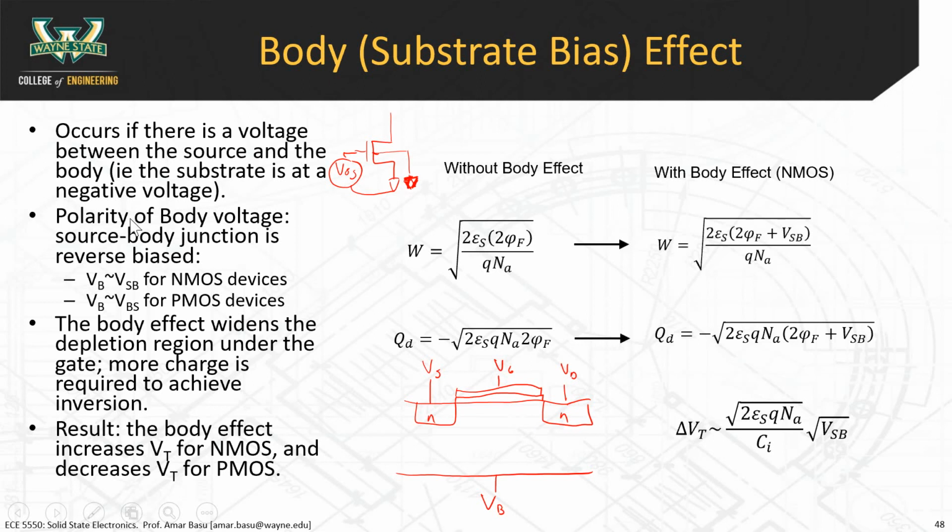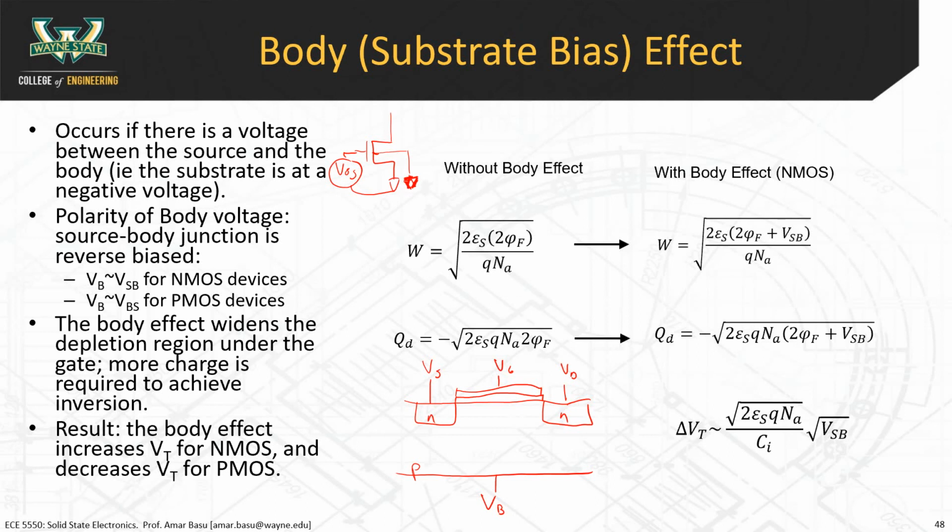So first of all, what is the polarity of voltage that we want to apply to the body? Let's remember that this is a P-type substrate, and then you have an N-type source. So this is an NMOS device. Can someone tell me what will happen if we apply a positive VBS? Let's say the body voltage is greater than the source voltage.